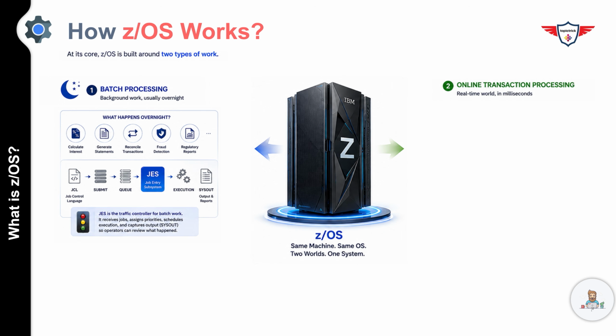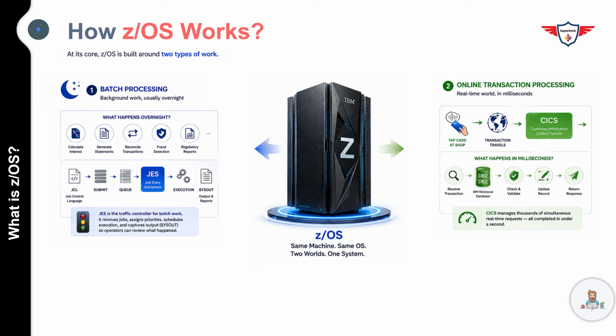So it gets bundled into jobs, defined using JCL, submitted to the system, queued, executed, and reported on. The component that manages this is called JES, that is the Job Entry Subsystem. So JES is the traffic controller for batch work. It receives jobs, schedules them, and captures their output so operators can review what happened.